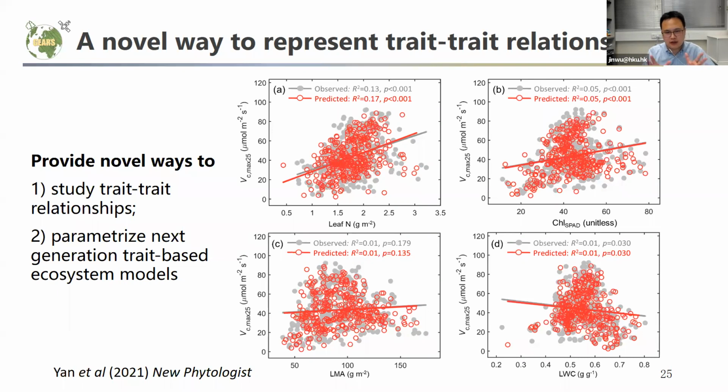But if we can use a spectral approach, we don't need to depend on any prior assumption about whether these traits are related. So that's why I feel this is another quite important thing for the next generation of trait-based modeling as well.